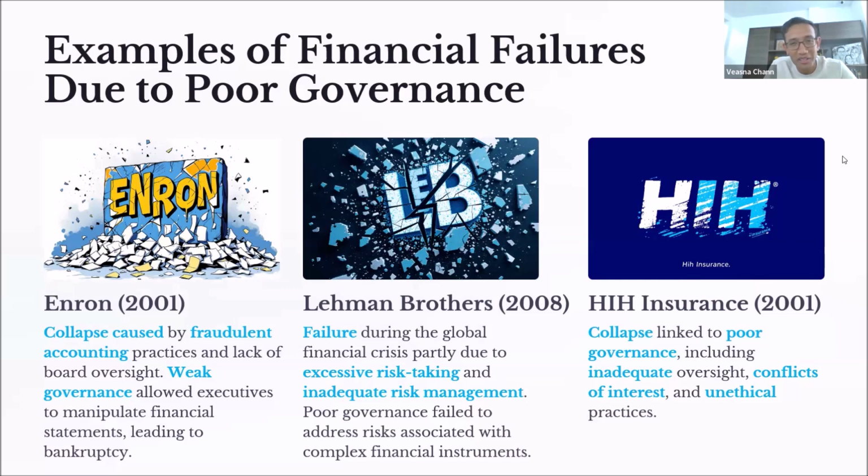If the system is in place but they don't enforce it well, that is the failure of the internal audit function, and that's very important. Everything looks okay, looks very good, but the internal audit function is a very important body of the board of directors, because the directors don't go and check.